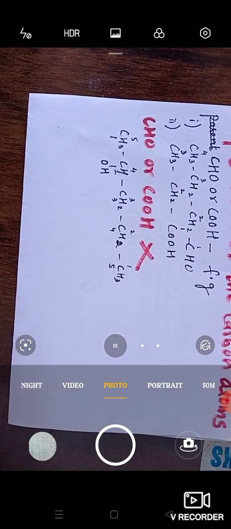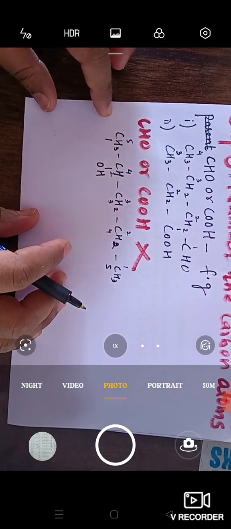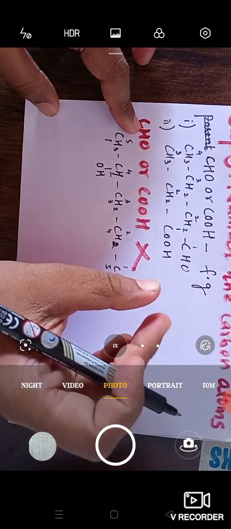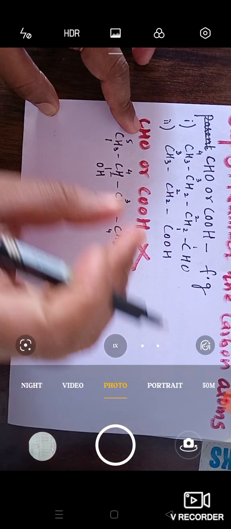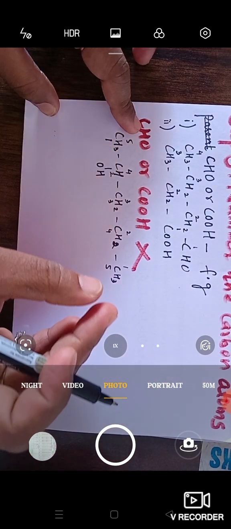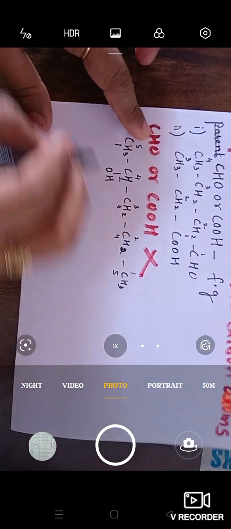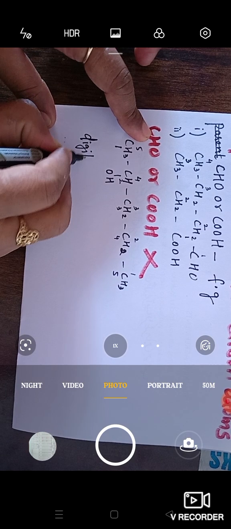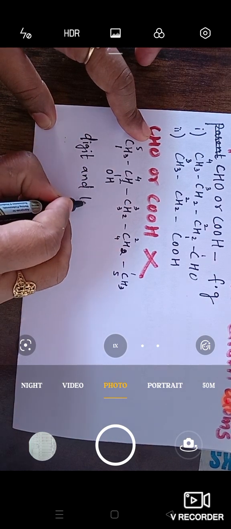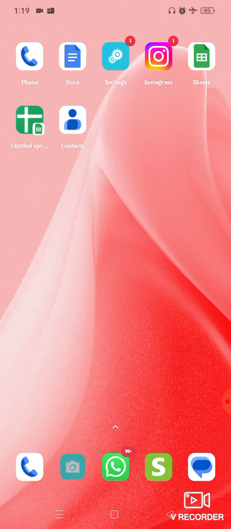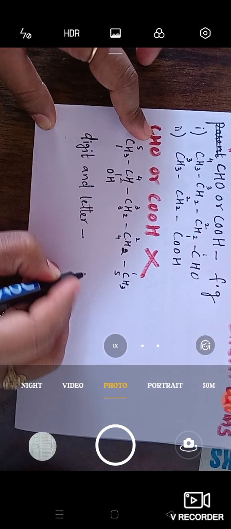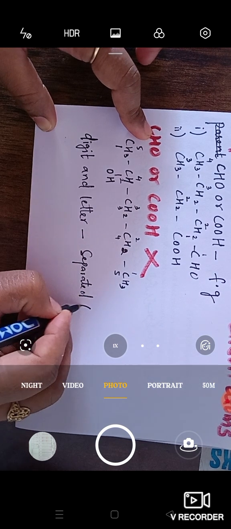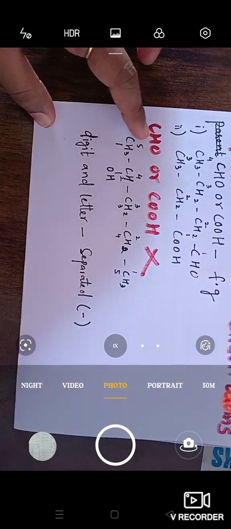And at the end we need to remember that if there is a digit and a character, like for example, if there is a number, then there is a name, the digit and the letter should be separated by a small horizontal line like this.